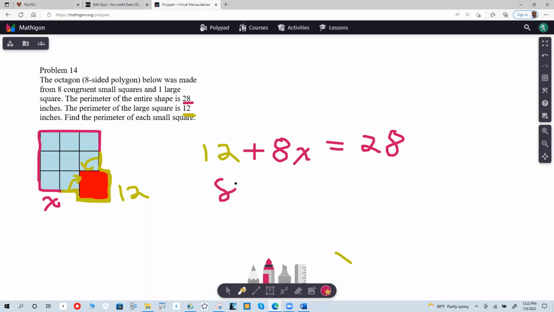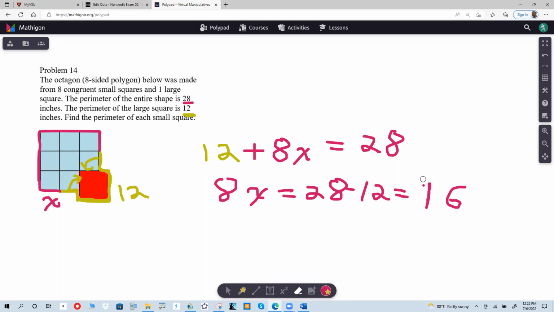I'll subtract 12 from both sides. And what do I get? 28 minus 12 is 16. Yeah, it's 16.